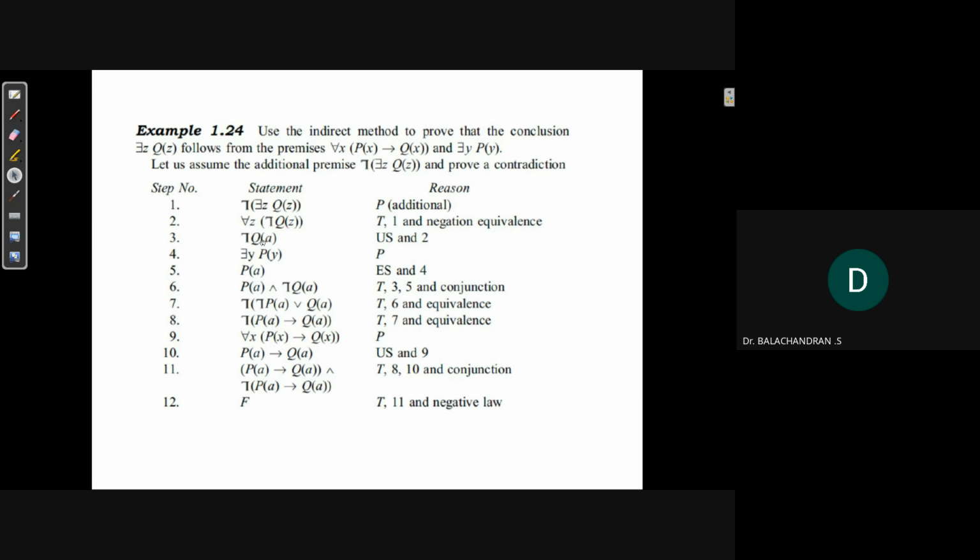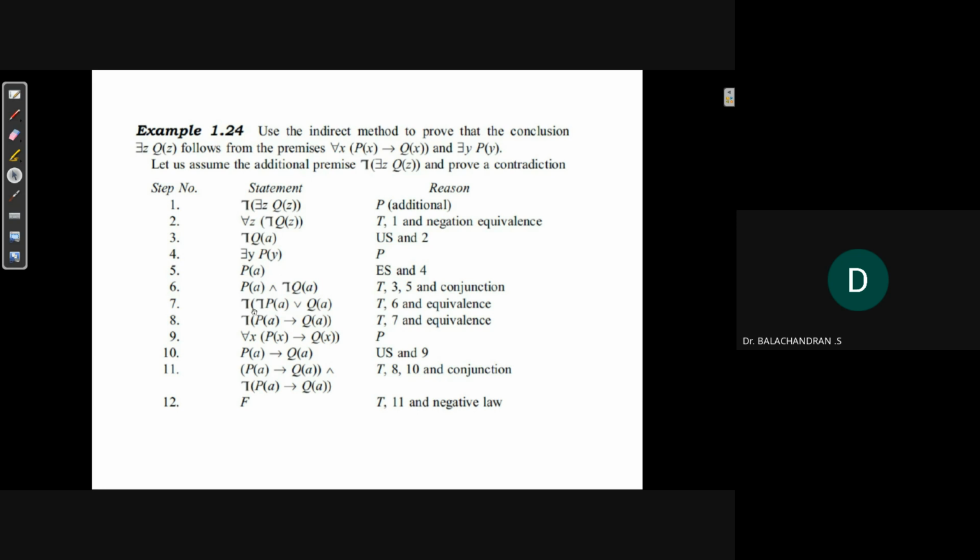Next, P of a and negation Q of a. So this is P, Q implies P and Q. Next, from here to here, I used De Morgan's law. I'll take negation outside. If I take negation outside, then you'll get negation of P of a or Q of a.